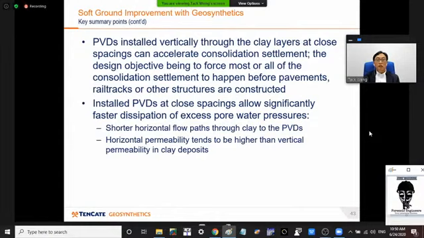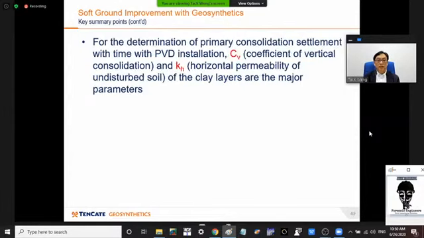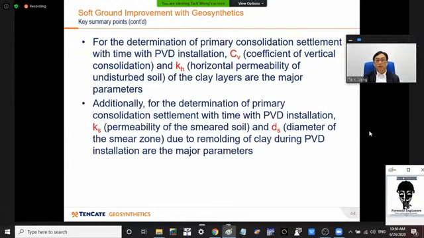Installed PVDs at close spacings allow significantly faster dissipation of excess pore water pressures because they have a shorter flow path, and they provide a flow path that is higher in permeability. For the determination of primary consolidation settlement with time, with PVD, it is Ch, the coefficient of horizontal consolidation, and kh, the horizontal permeability of the undisturbed soil, that are the major parameters.